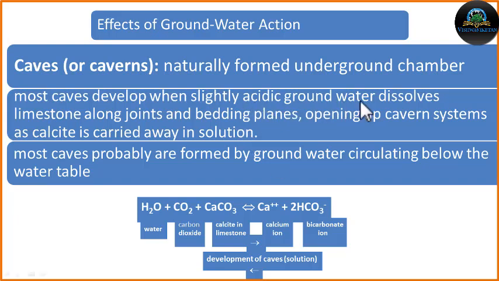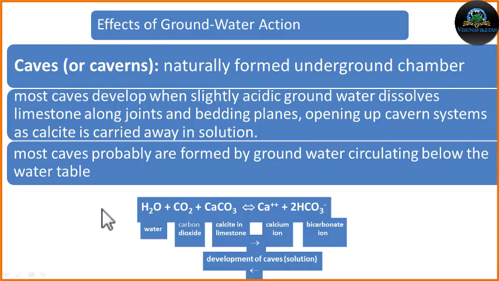When we are talking about slightly acidic groundwater, whenever there is precipitation in the form of rain, it is slightly acidic because the CO2 is already present in our atmosphere. So a huge amount of CO2 may dissolve into the water, which may make the water a little bit acidic. That means the pH of this water may go down to 6.5.